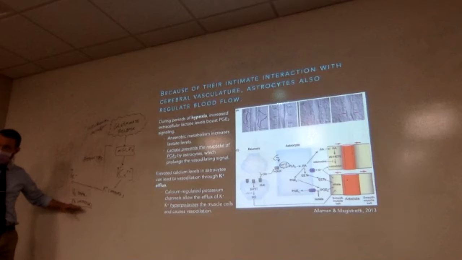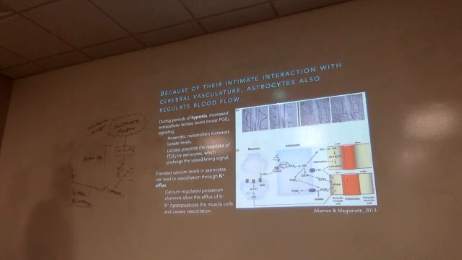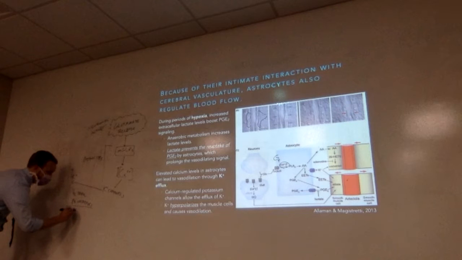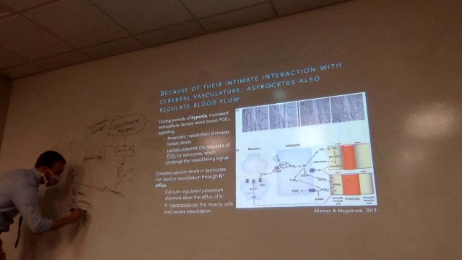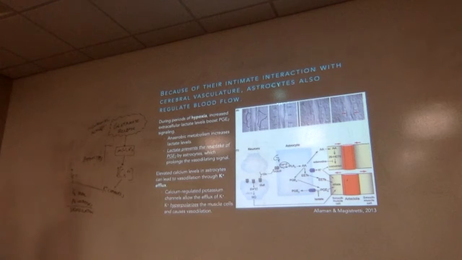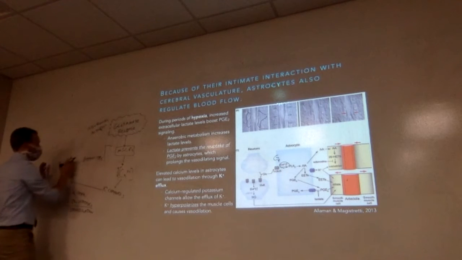So we move toward its still hyperpolarized reversal. Whenever we get hyperpolarization, we get vasodilation. So the muscle cells relax. Here's one avenue. Because neurons were active, we get vasodilation.